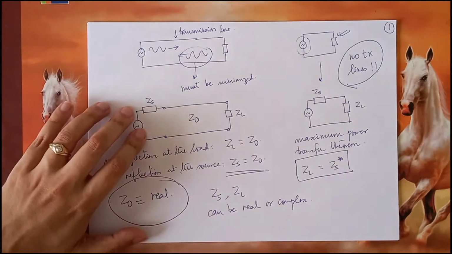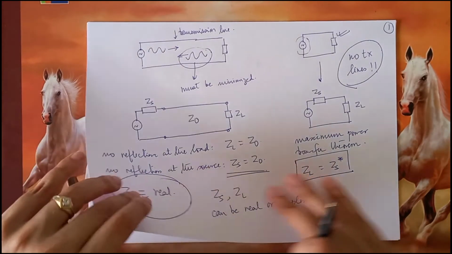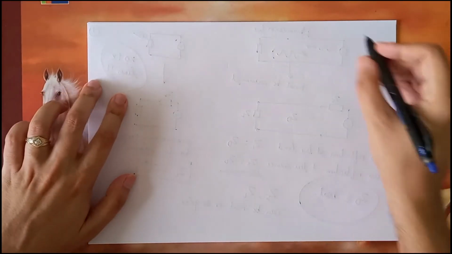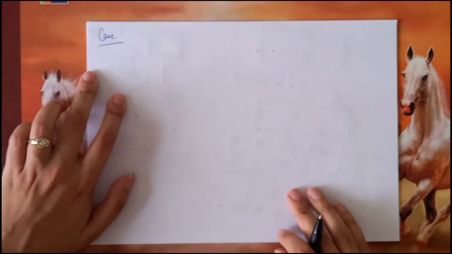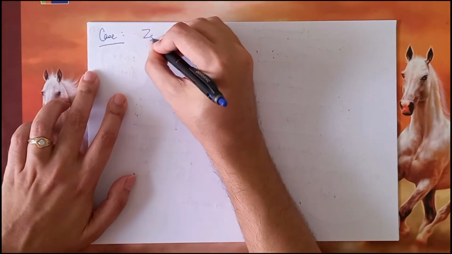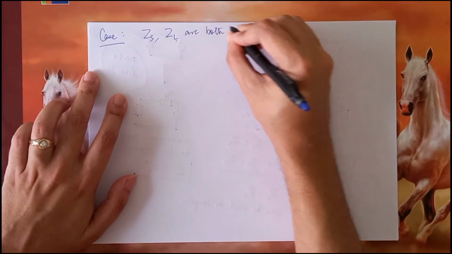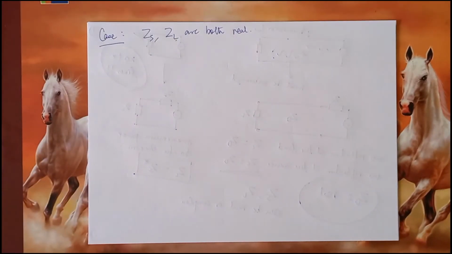Therefore, let us start with a very simple approach. Let us take a case where ZS and ZL are both real.